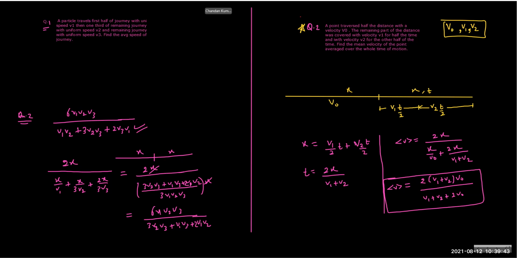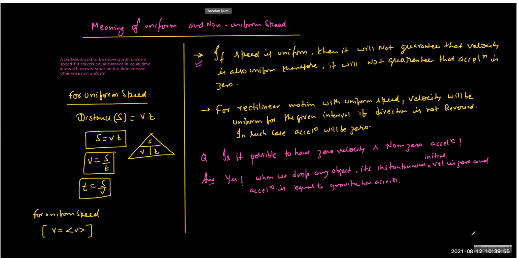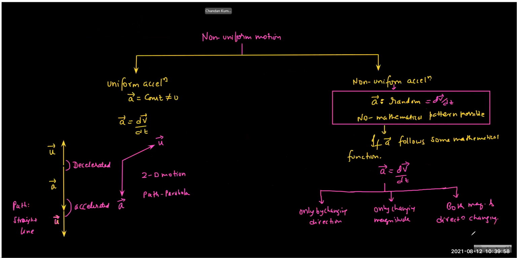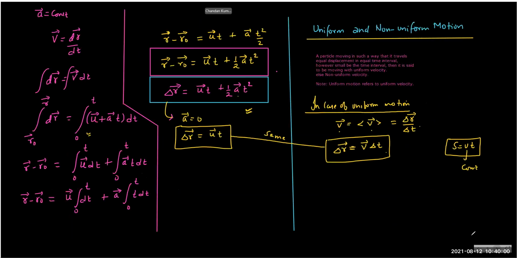Sir, I have a doubt in that part, in the non-uniform velocity part. Which chapter? Here? I think here, right?